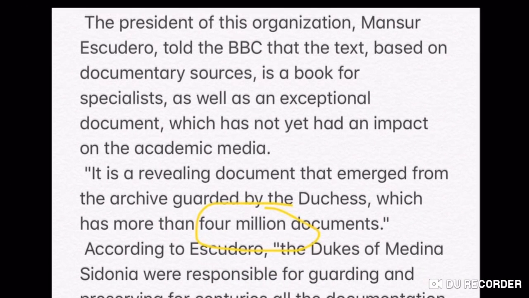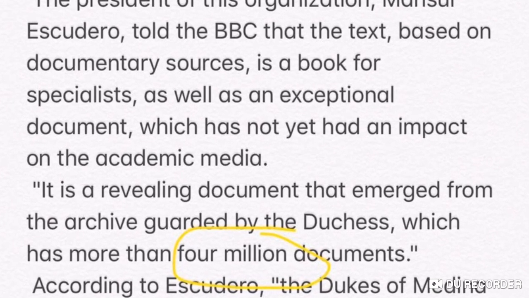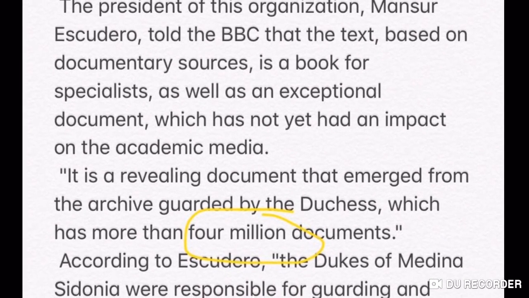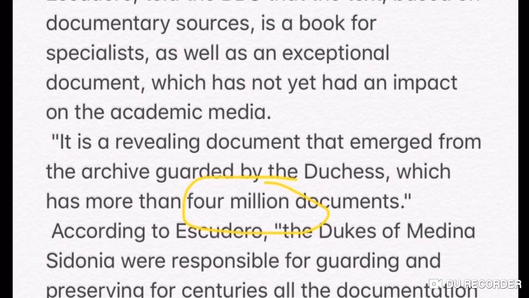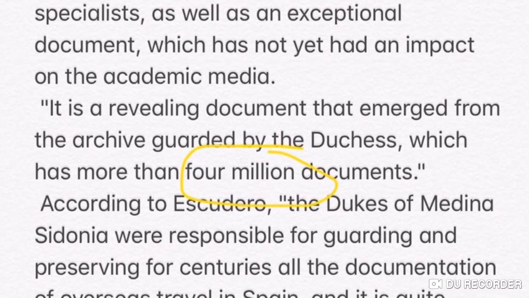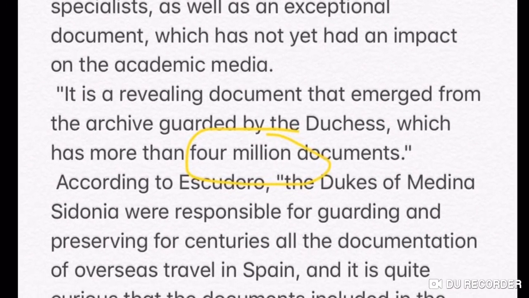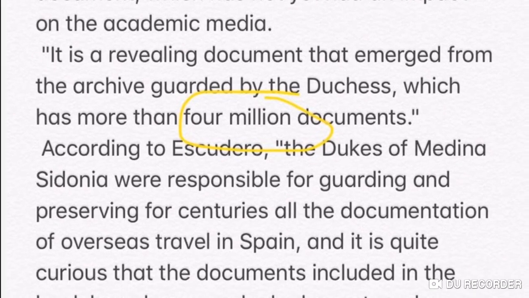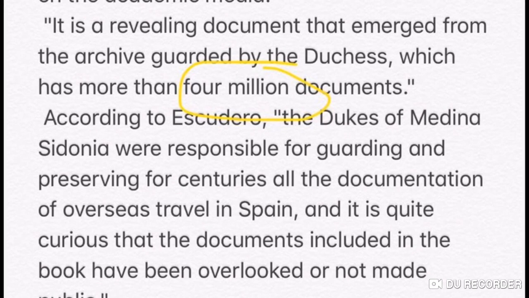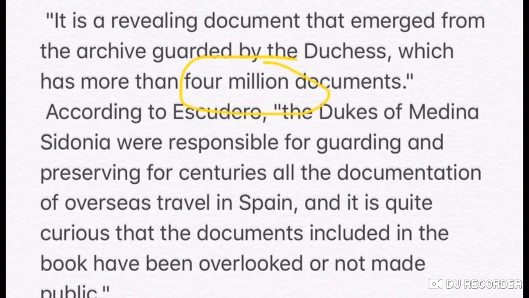The president of this organization, Mansour Escudero, told the BBC, so he has been dealing with the BBC, that the text, based on the documentary sources, is a book for specialists, as well as an exceptional document, which has not yet had an impact on the academic media. It is a revealing document that emerged from the archive guarded by the Duchess, which has more than 4 million documents, according to Escudero.